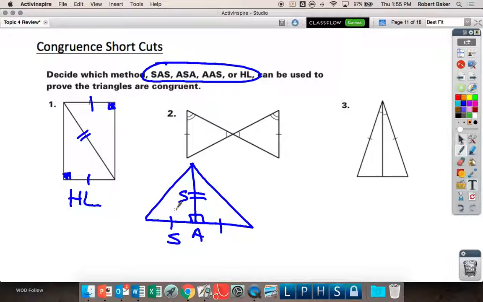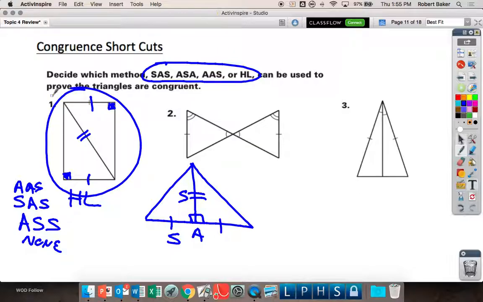So if it doesn't spell out a congruent shortcut, then it's not. If it spells out HL, then it's HL. If it looks like this, we're talking about this question right here. What is the shortcut? HL. Is that this? No. Is that this? No. Is that this? No. Is that kind of cleared up a little bit?